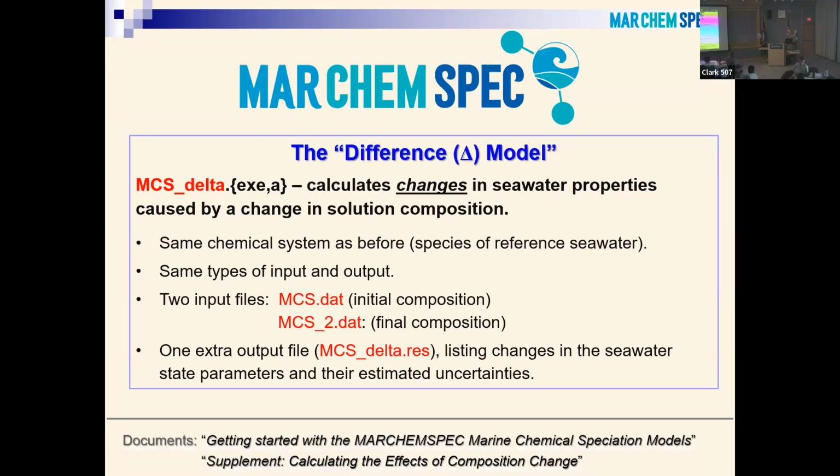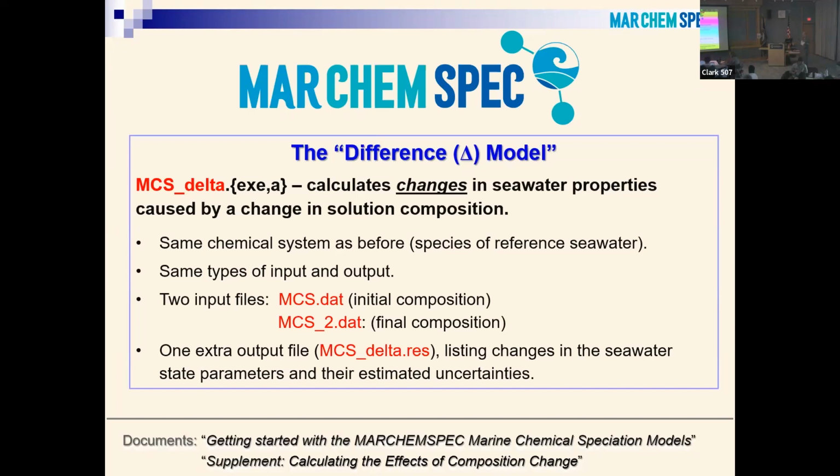So this model has the same species available as before, the species present in reference seawater, same types of input and output, except now we've got two input files. One is mcs.dat for the initial composition, solution 1, and then mcs_2.dat for the second composition, the one we're comparing it with.